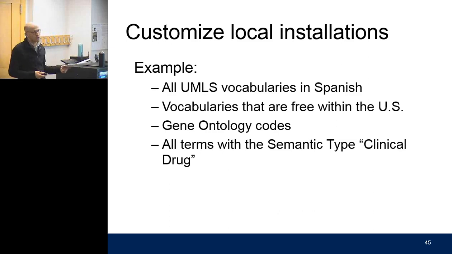You can also subset a local download by semantic type, so you could pull only terms that are clinical drugs, or diseases and syndromes, or bacterium, etc.